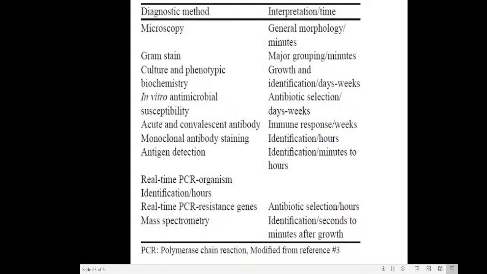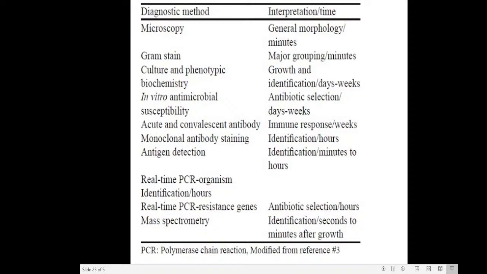And the diagnosis method and interpretation: how can we interpret? Here are the steps: microscopic examination, gram staining, phenotype, and growth, which we can find. Then in vitro antimicrobial assay, where we need to do antibiotic selection.